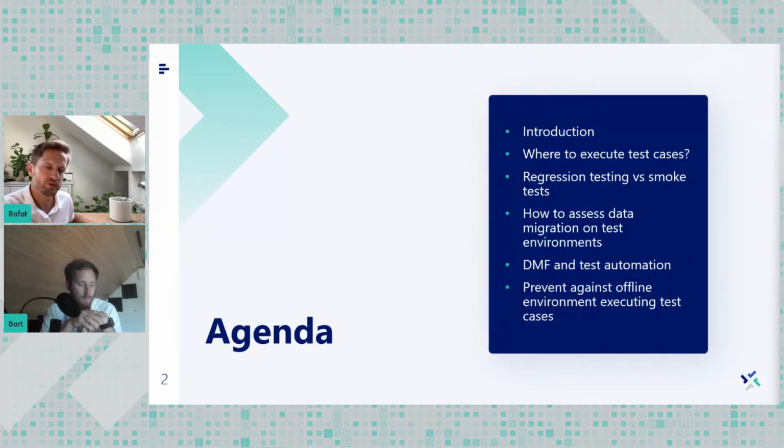Afterwards, we'll cover the difference between regression testing and the smoke test, and how to assess the data migration on the test environments, DMF and test automation, and how to prevent offline environments executing test cases.